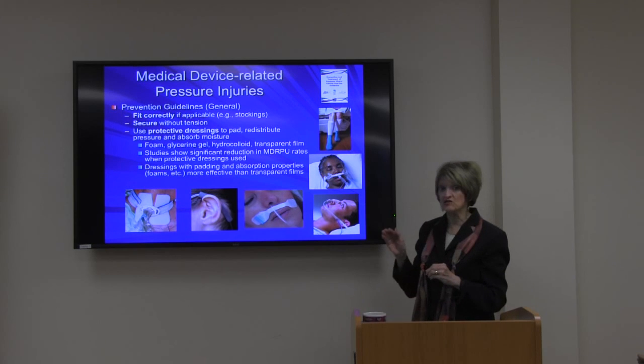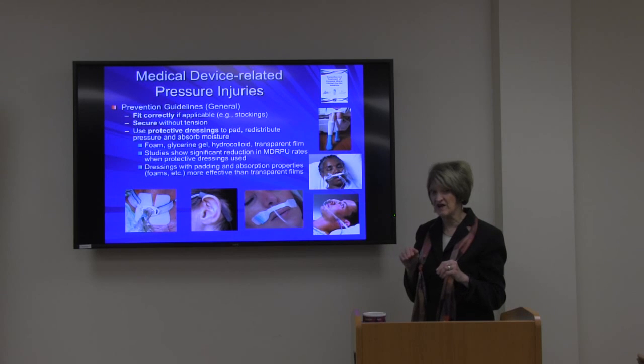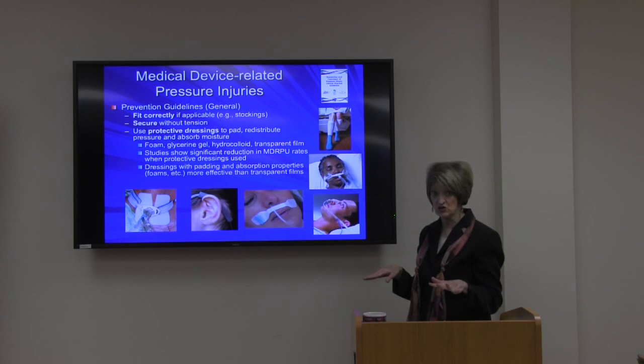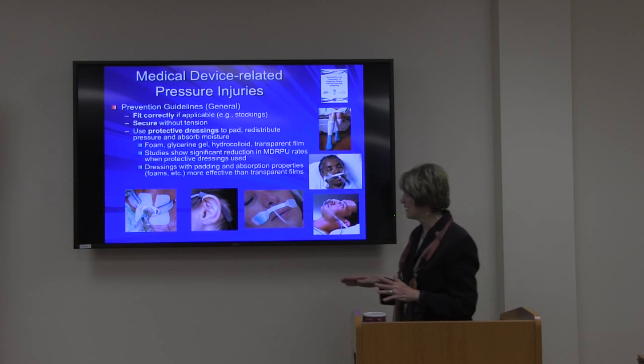We should look at using protective dressings to minimize the negative impact of the device on the underlying soft tissue, to minimize that soft tissue deformation and point pressure. So what are some things that are out there?